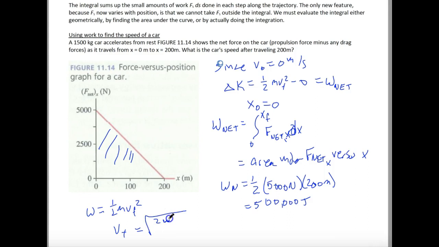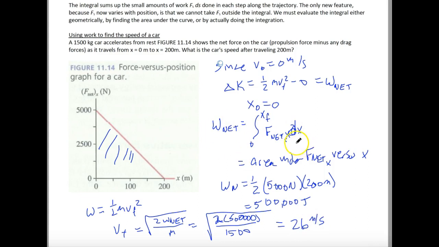So this will be 2 times the net work, which is the change in the kinetic energy, all over the mass, and then because it's v f squared, we have to take the square root of both sides. So we end up here with 2 times 500,000 joules, all divided by our mass, which is 1,500 kilograms, and we end up with 26 meters per second.